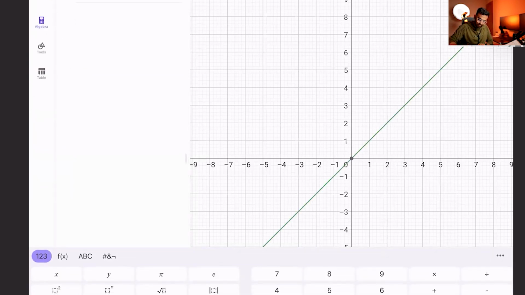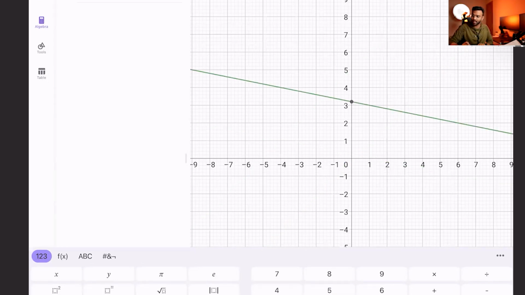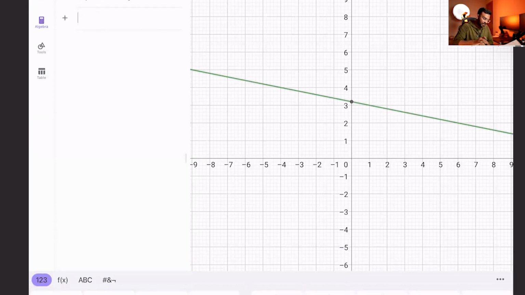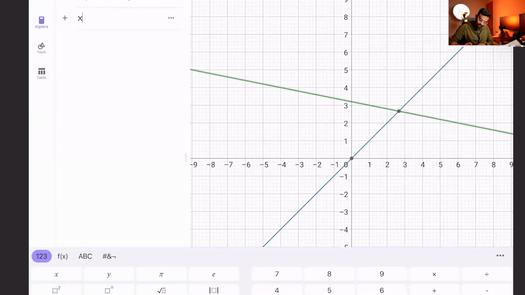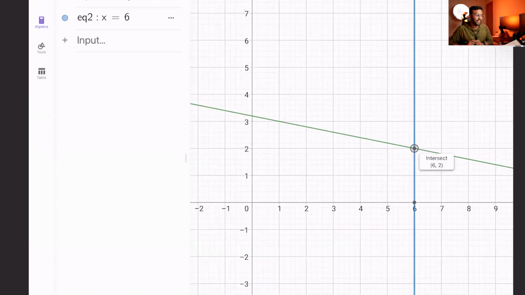It was x plus 5y equal to 16. So that's the line. And our second line is x equal to 6. There we are. Do you see the intersection point? 6, 2.